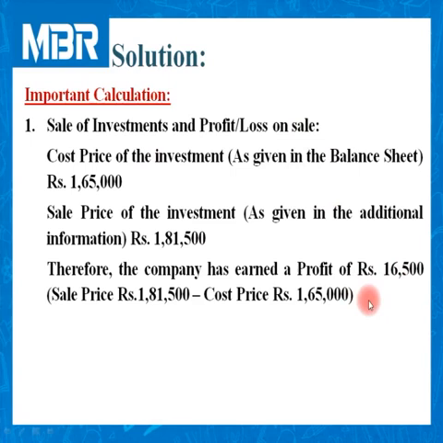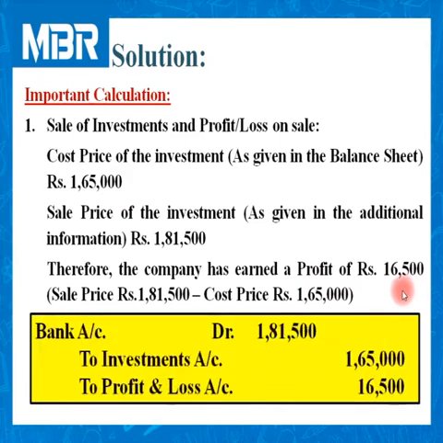Let us pass the journal entry for this transaction. We have received 1,81,500. We have sold investment of rupees 1,65,000 and we have earned a profit of rupees 16,500. So journal entry: bank account debited 1,81,500 to investments account 1,65,000, to profit and loss account 16,500.